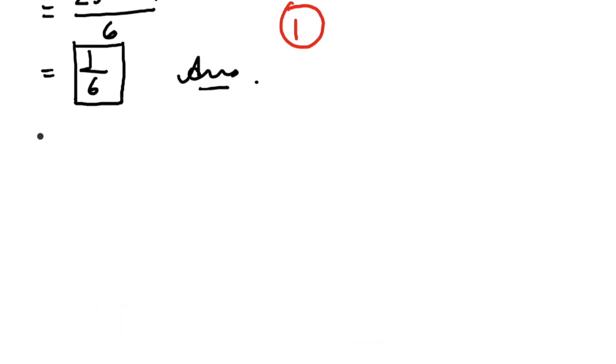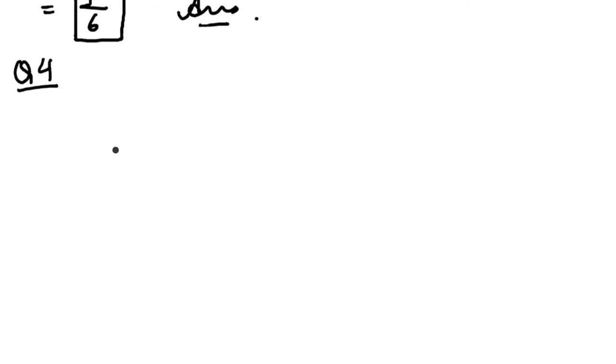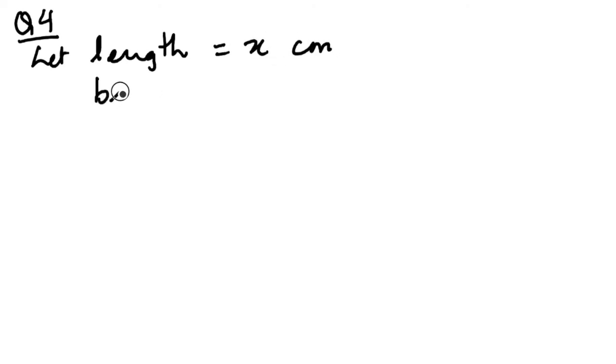Now the next question. Next question was question 4. It was the simultaneous equation. The length of the rectangle is 5 centimeter less than twice the breadth. So you will say let the length equal to x centimeter and the breadth will be equal to y centimeter.